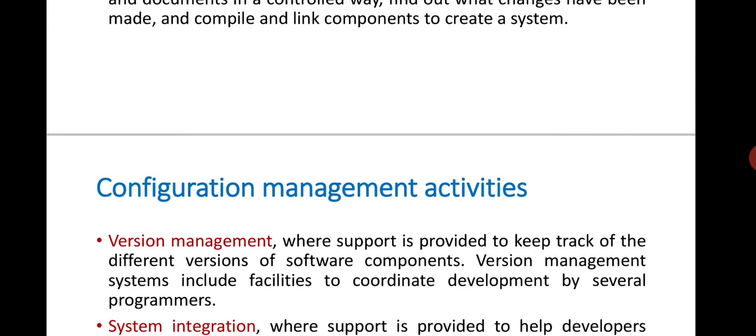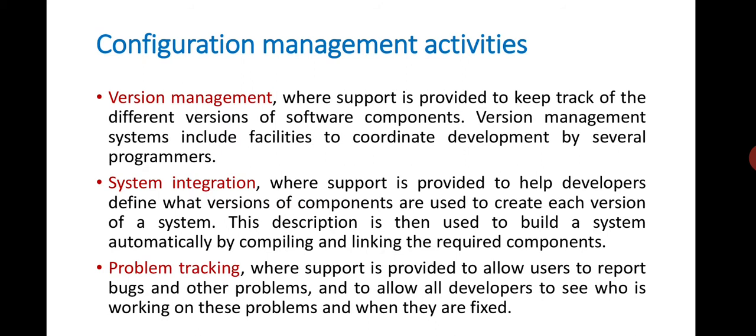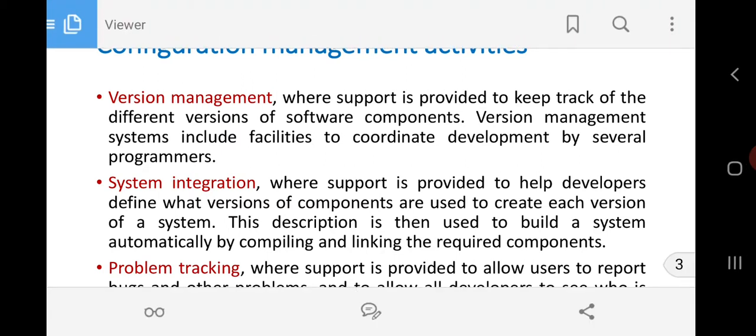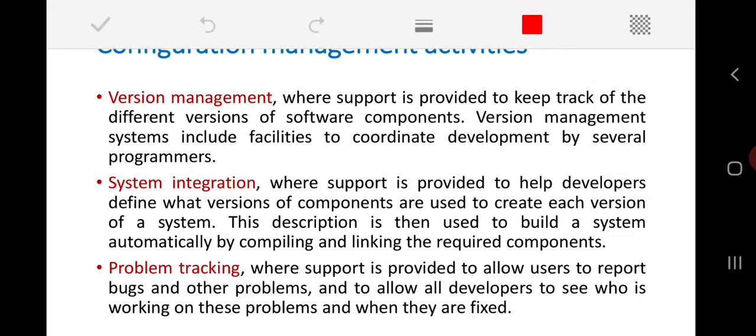Under this configuration management, there are three different activities that we will be focusing on. The first one is version management. As we just said, this support is provided to keep track of different versions of the software components. There are so many different software components that we might be using during the design and development of our software.